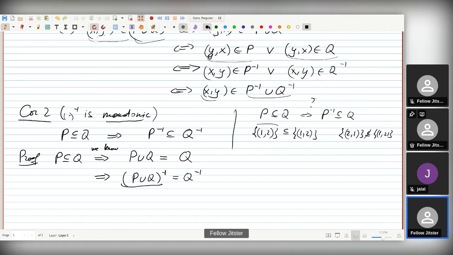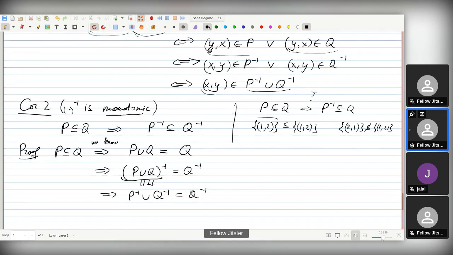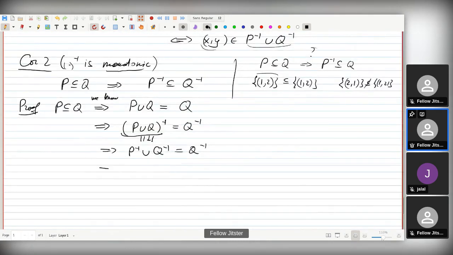Yes. But according to our lemma 1, the left-hand side is just P conversed union Q conversed. And this equals Q conversed. So what do we see? The union of these two sets equals one of them.